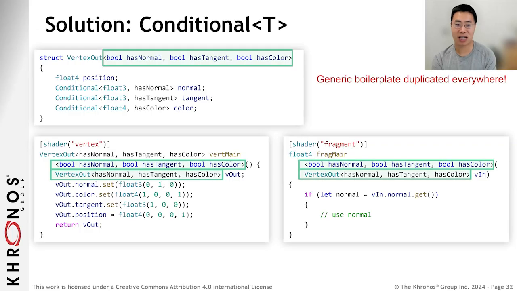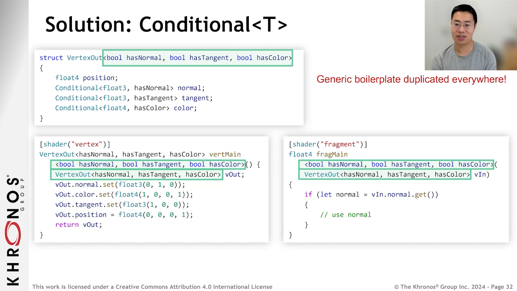And one major downside of this code, if you have already noticed, is that there is a lot of boilerplate defining and forwarding the has normal, has tangent, and has color settings. And this is making the code look very busy for the simple thing we want to achieve.